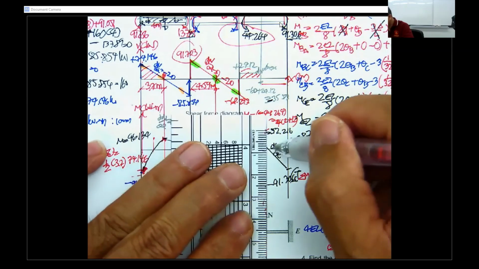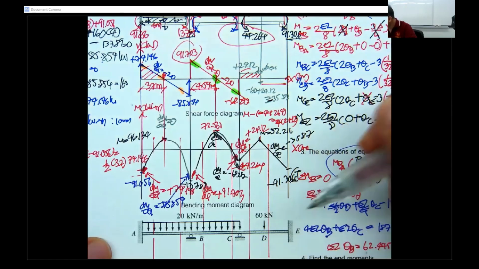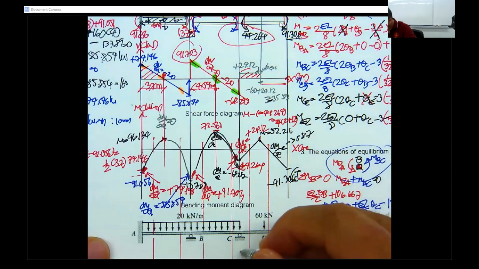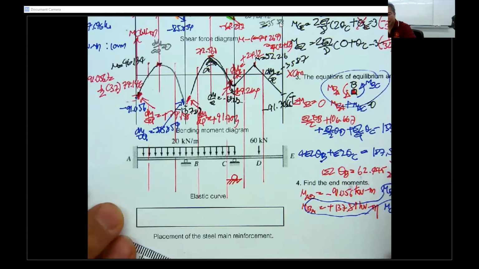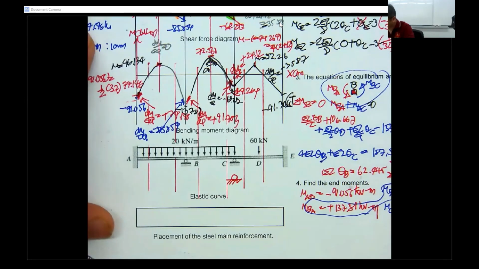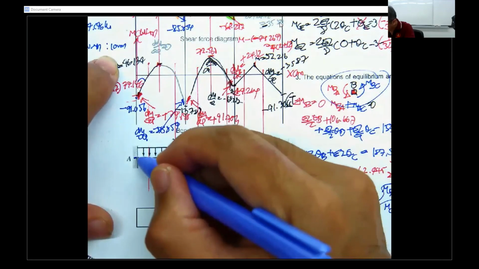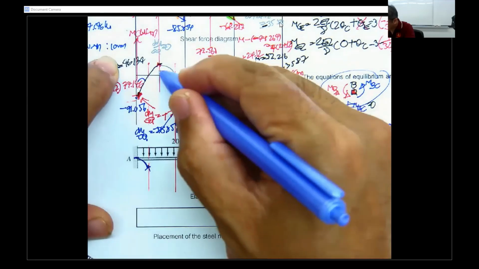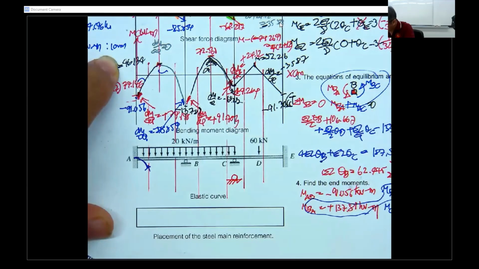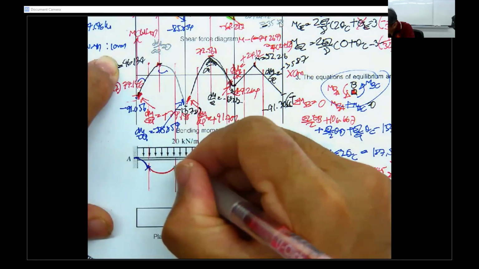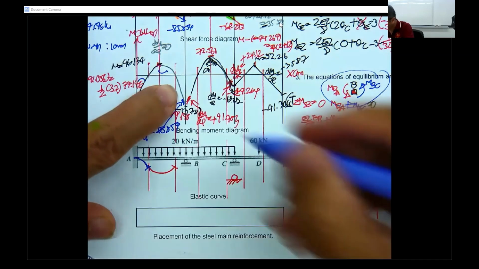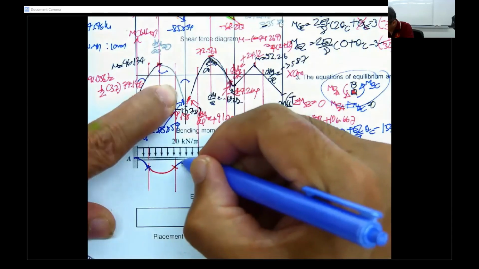Okay, if you like to have it clearer, you go to the PowerPoint. Things are going to get clearer. This is going to be the elastic curve. Now this is fixed. This is concave downward. This is concave upward. And this is concave downward.